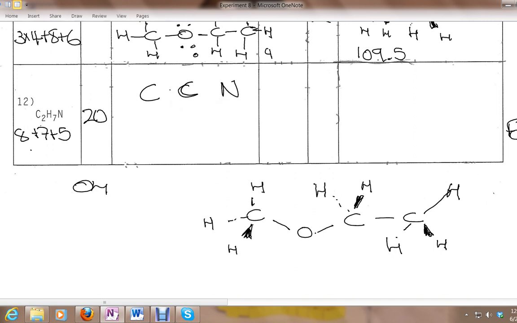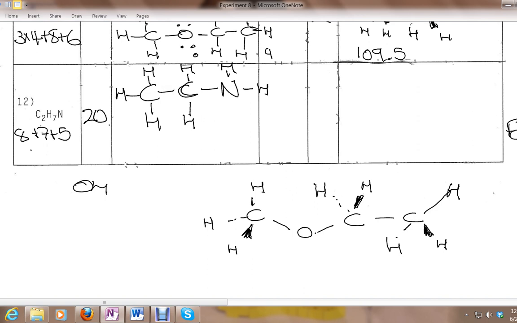And it's going to be 1, 2, 3, 4, 5 on the hydrogens, and the nitrogen 6 and 7. 1, 2, 3, 4, 5, 6, and 7.